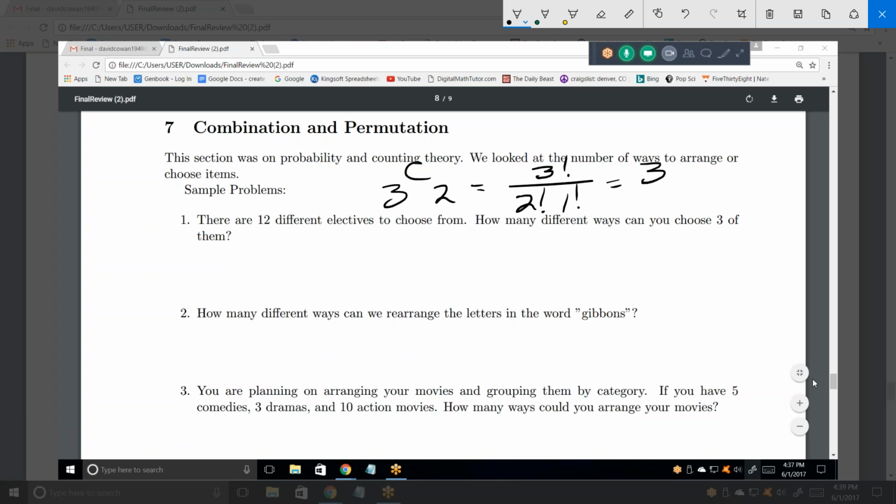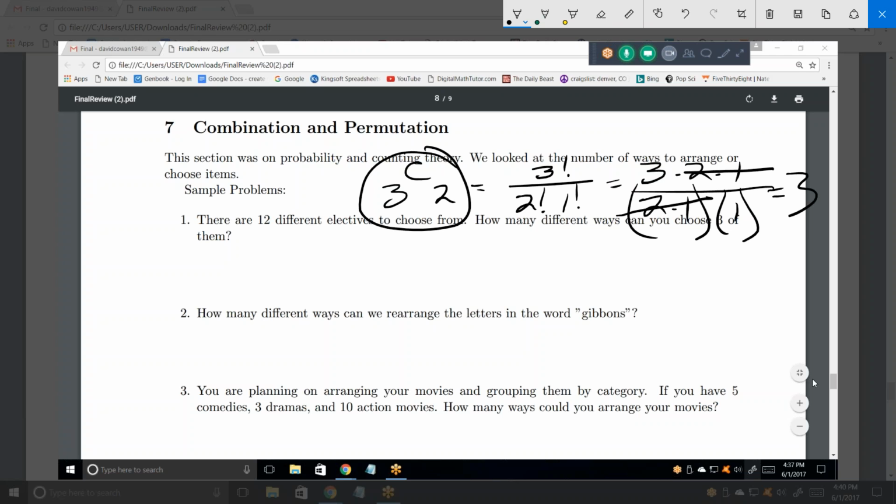So that's 3 times 2 times 1, and I'm dividing it by 2 factorial, which is 2 times 1, times 1 factorial, which is just 1. Well, notice that that 2 times 1 cancels with that 2 times 1, and I'm left with just 3. So the answer to 3 choose 2 is 3.